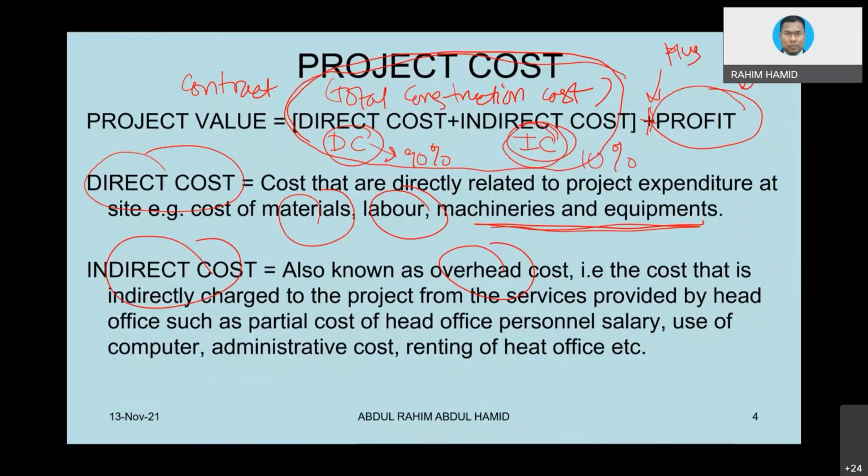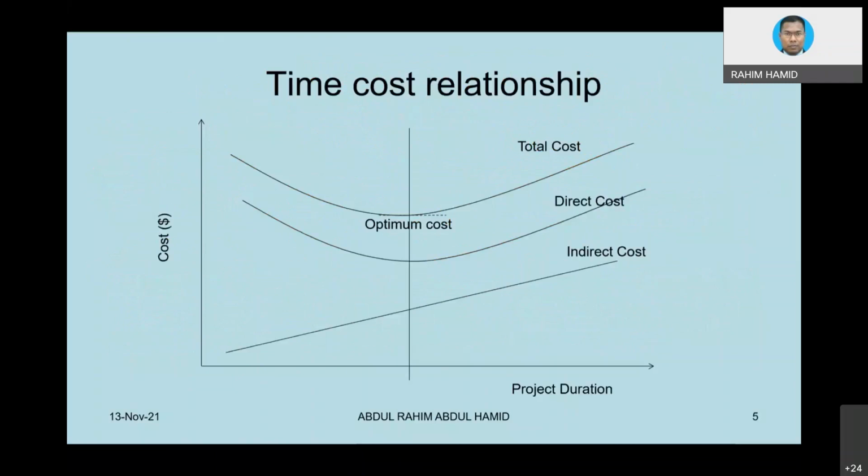Okay, all right. Now the time cost relationship. Tomorrow we are going to look at the cash flow prediction based on scheduling also. Now you will be introduced to the concept of cost again, but this kind of cost will be a little bit different. In this graph, we have project duration and the cost of the project. Let's say to a certain extreme, let's focus on direct cost first.